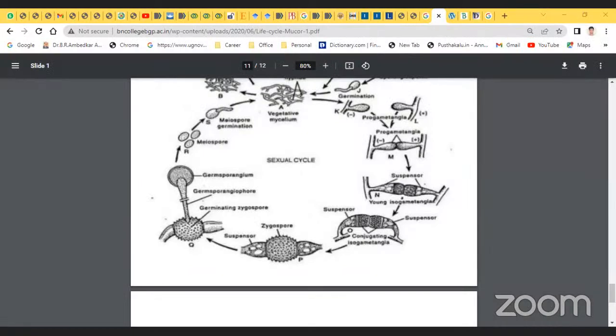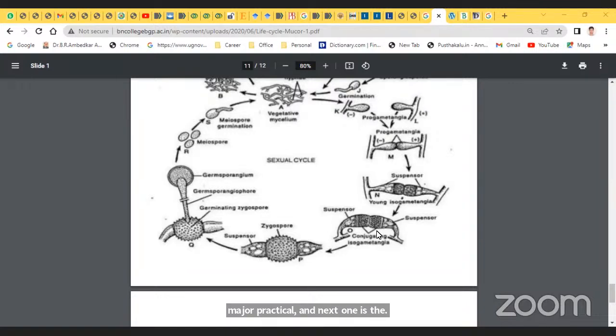Next is Politotrichum. This is also one of the major practicals. Another important topic is mushroom cultivation.